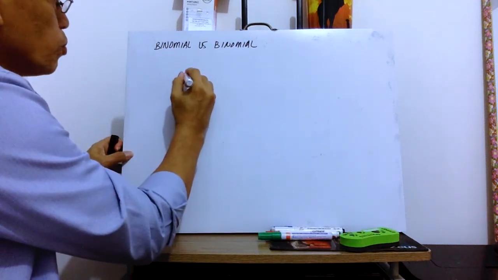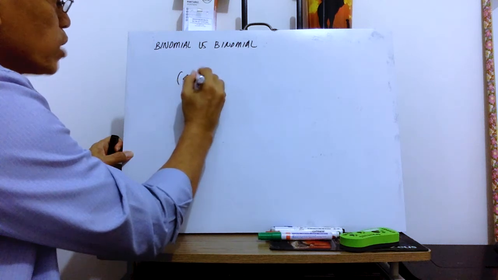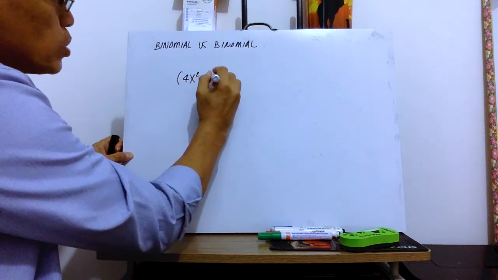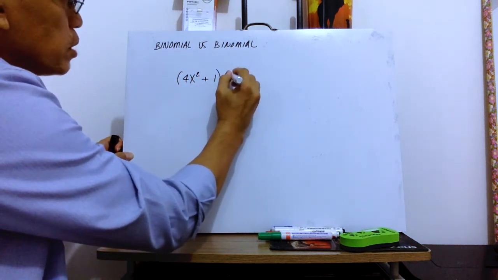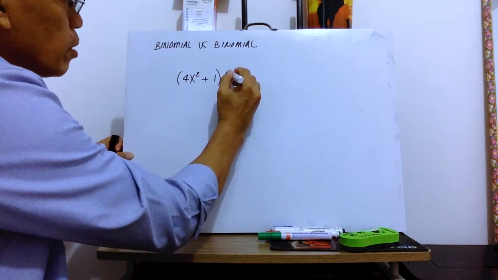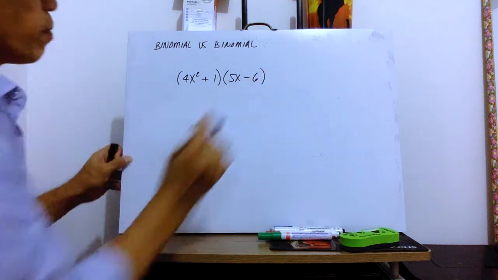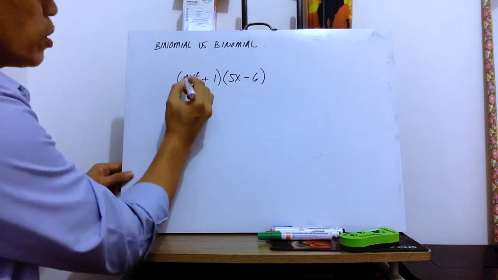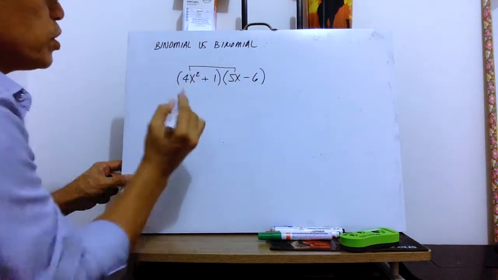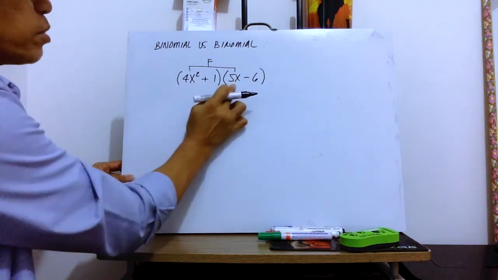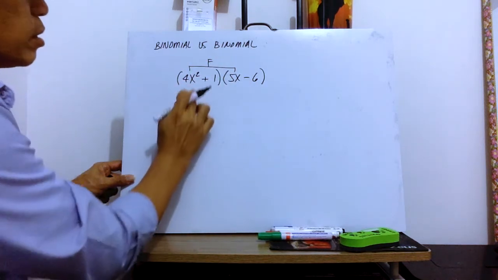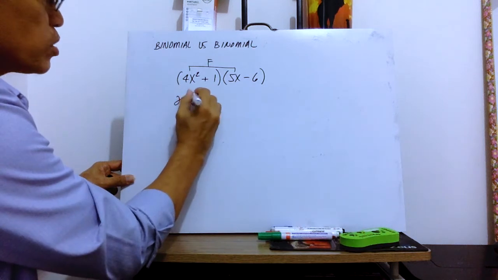Okay, so 4x squared plus 1, then let's say 5x minus 6. First term, 4 times 5, that's 20. X squared times x, that's x cubed.